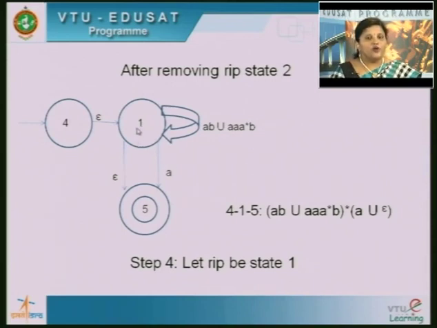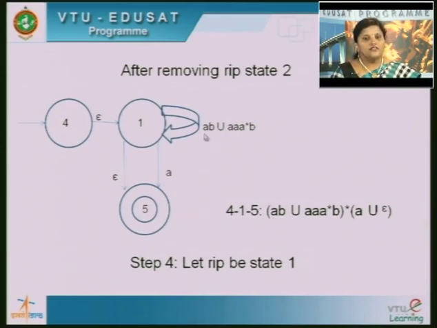Okay. So, if you want to remove this state 1, it has a transition AB union A star B. Okay. So, followed with, you can reach to state 5 either with A or epsilon. Okay. So, 1 to 5.